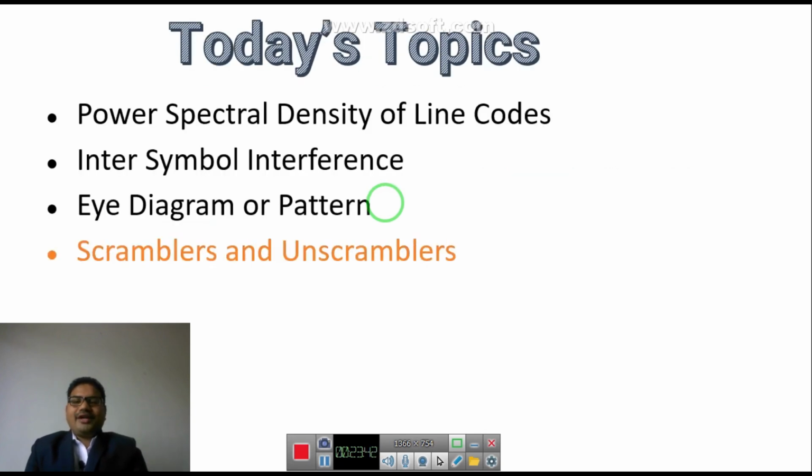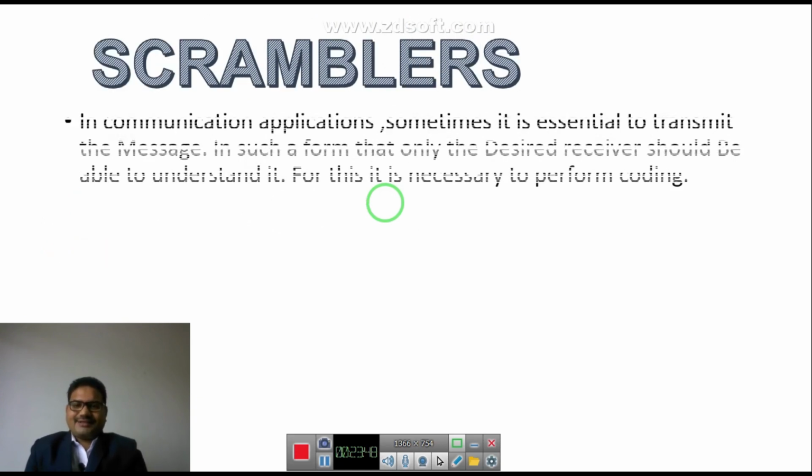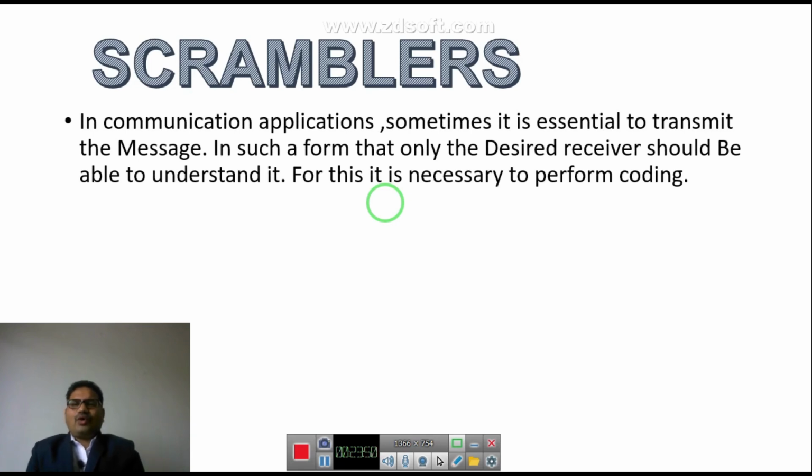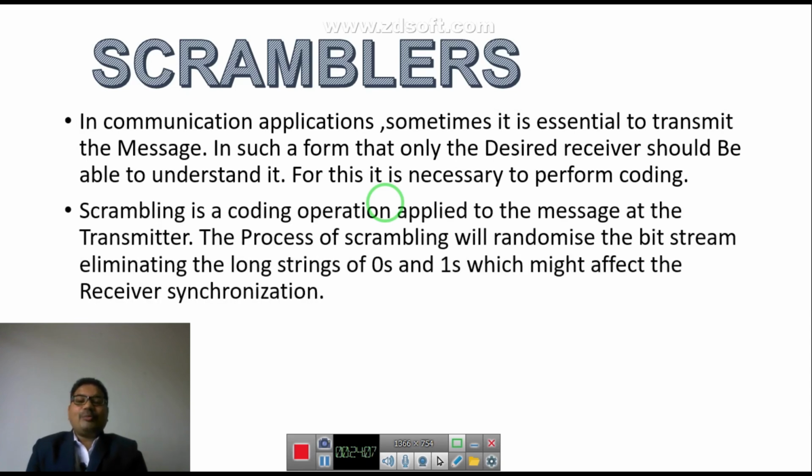Now moving towards the last topic of this unit, that is scramblers and unscramblers. So basically, what is a scrambler? In communication applications, sometimes it becomes very essential to transmit the message in such a form that only the desired receiver should be able to understand, and for this it is needed to perform what?